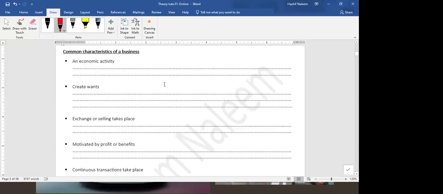So shall we write down for create wants. All the businesses create wants through various forces.